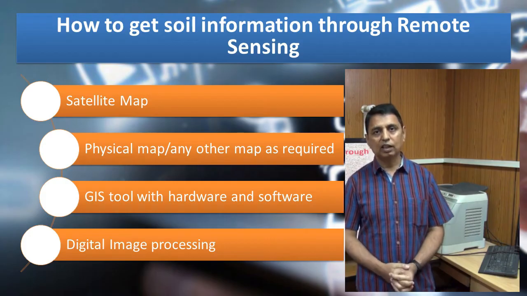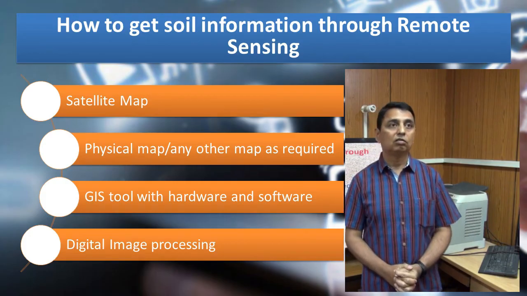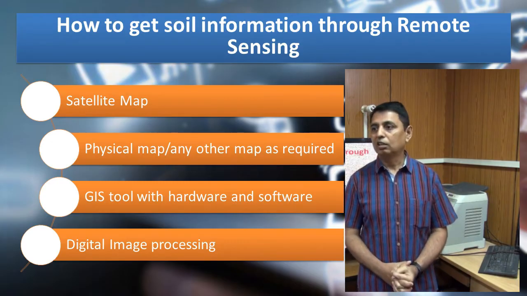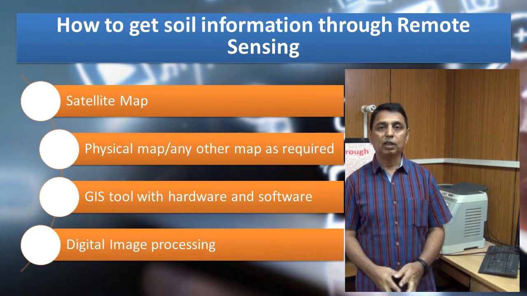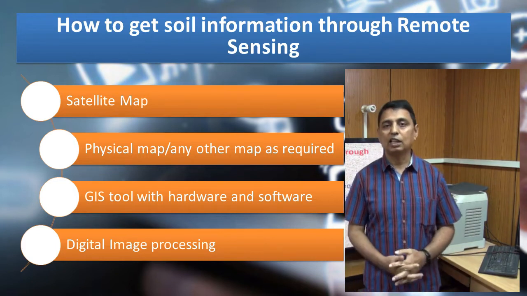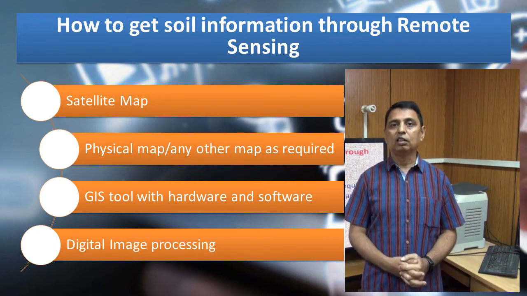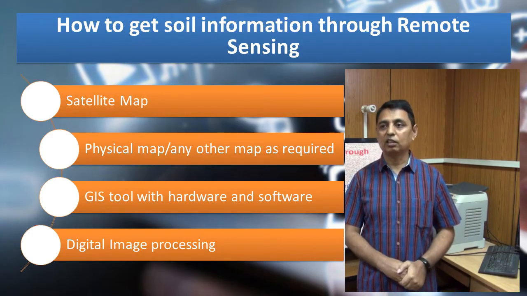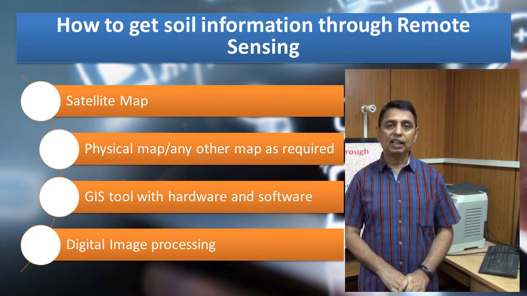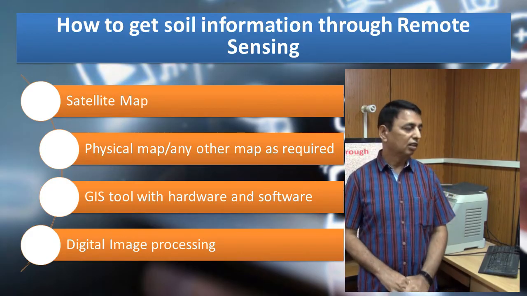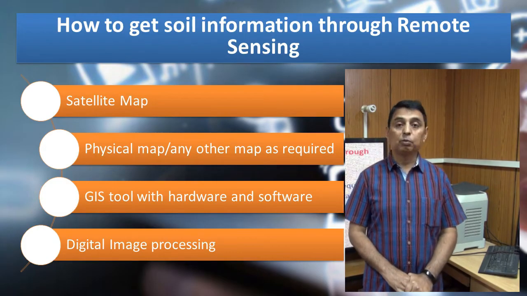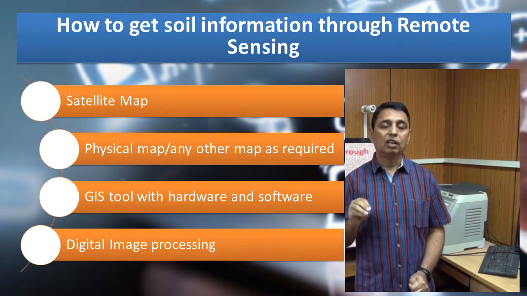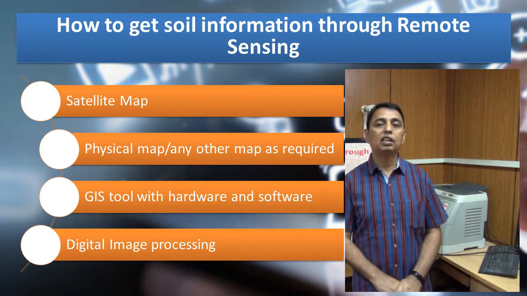A computer is also required. That computer should be fast enough, because satellite data is very large, so for analysis the computer should be fast so that the data can be digitized and processed quickly. Then all these things are fed for digital image processing.